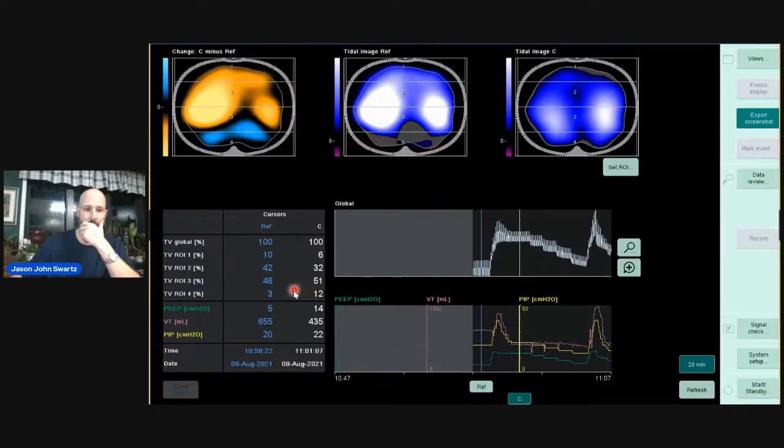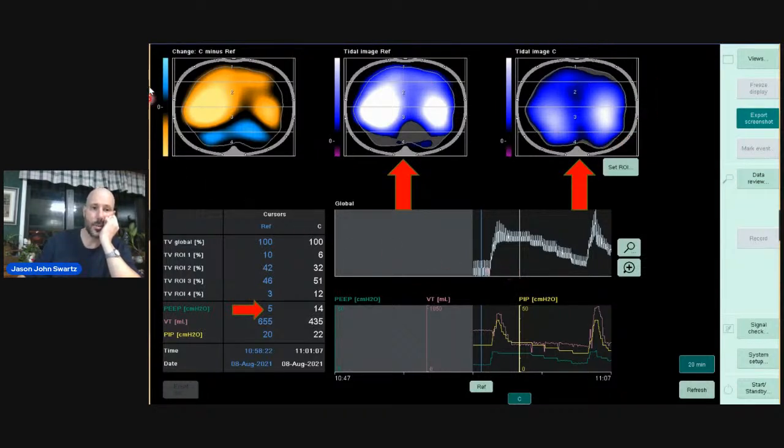We can see that only 3% over here of the tidal volume. So this is PEEP of 5. We can see over here the PEEP, so we're not lost. Remember I was telling you it shows you everything if you're connected to the Draeger. And here we went up to PEEP of 14 and we were able to recruit.